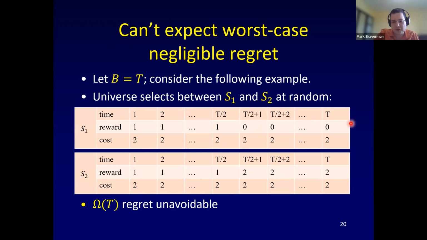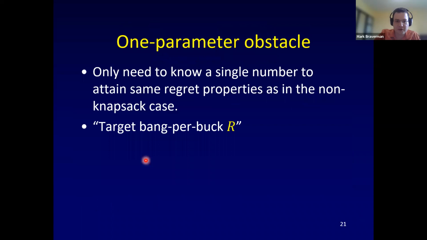And then for the second t over 2 rounds, you either get nothing or you get a reward of 2 per round. So basically you're allowed to pull the arm half the time, and you need to decide whether you're going to spend your budget in the first half or not. And it's clear that you cannot simultaneously do well in both of those universes. If you pull the arm a constant fraction of the time in the first half, then you have a lot of regret in S2. And if you don't, you'll have a lot of regret in S1. So in either case, omega t regret is unavoidable.